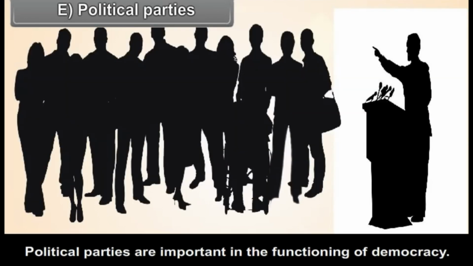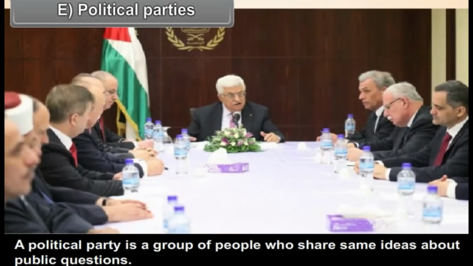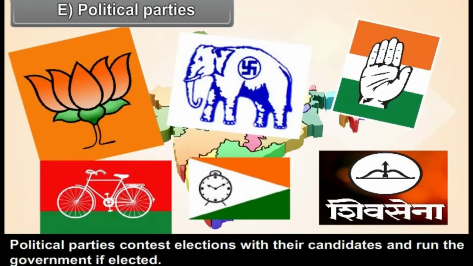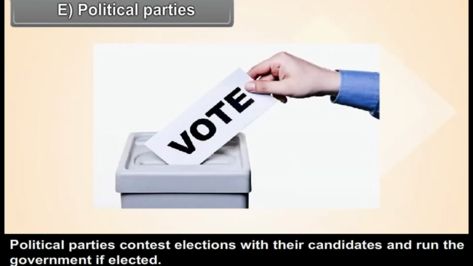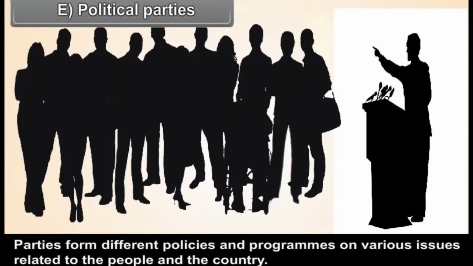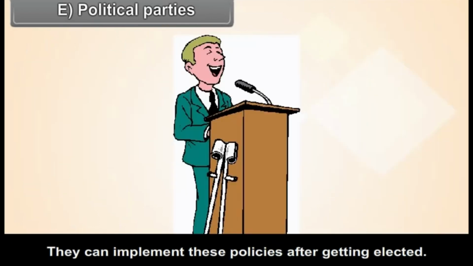E. Political parties. Political parties are important in the functioning of democracy. A political party is a group of people who share same ideas about public questions. Political parties contest elections with their candidates and run the government if elected. Parties form different policies and programs on various issues related to the people and the country. They can implement these policies after getting elected.